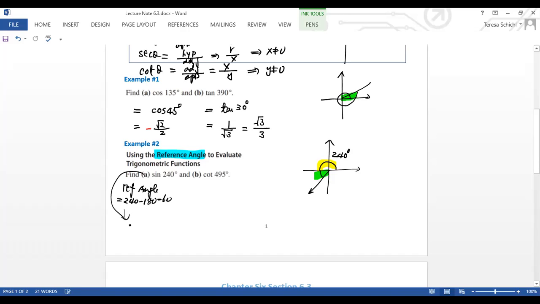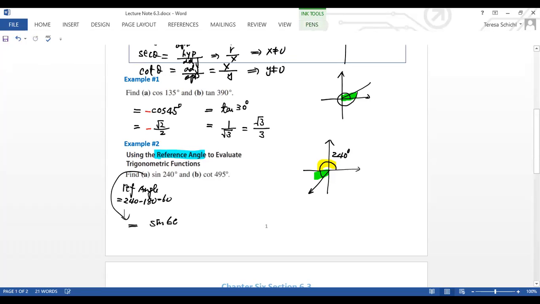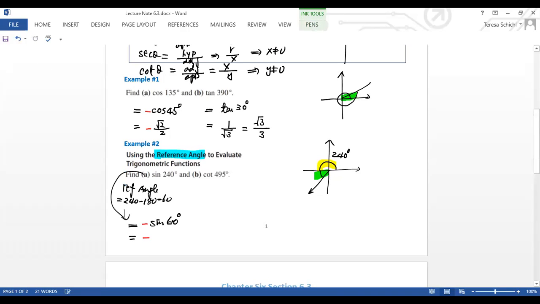So sine 240 is equal to, and here I need to be careful to put a negative sign, sine 60. Because this is in the third quadrant, and in the third quadrant y is negative, I need to have negative sine 60 degrees. This is a 30, 60, 90 special triangle. So what is sine 60? It is square root of 3 over 2.